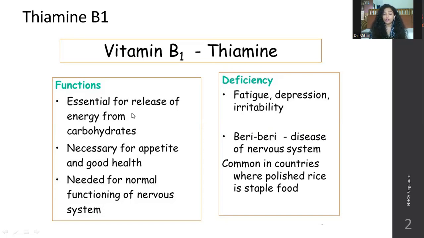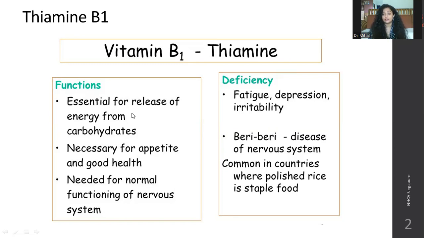So when it comes to rice, you have parboiled rice, brown rice, and polished rice. Which do you think has the highest quantity of thiamine? Polished rice, parboiled rice, brown rice. Based on this particular fact, which do you think has the highest quantity of thiamine?